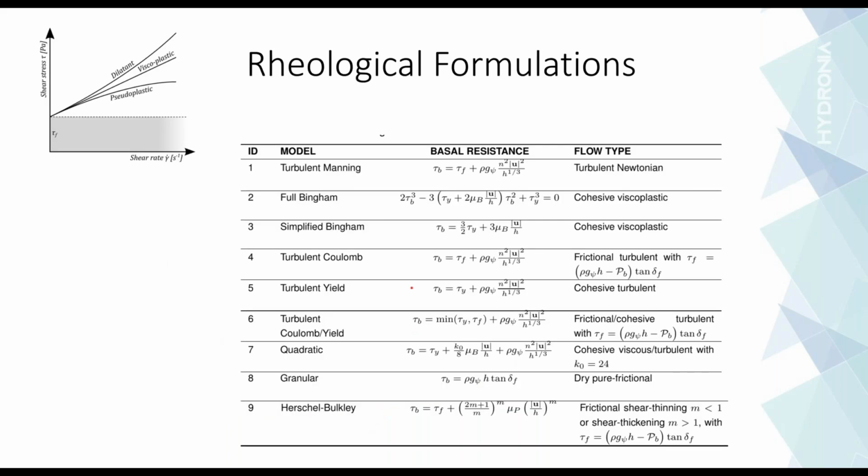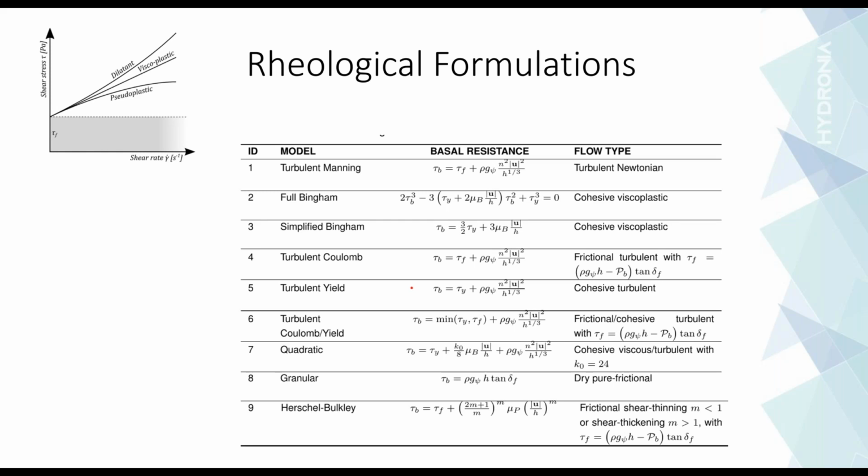RiverFlow2D MT is a non-Newtonian flow model that can handle a wide range of different materials and how they flow. And this is done in part by the use of multiple rheological formulations that are available in the model that you can select from.